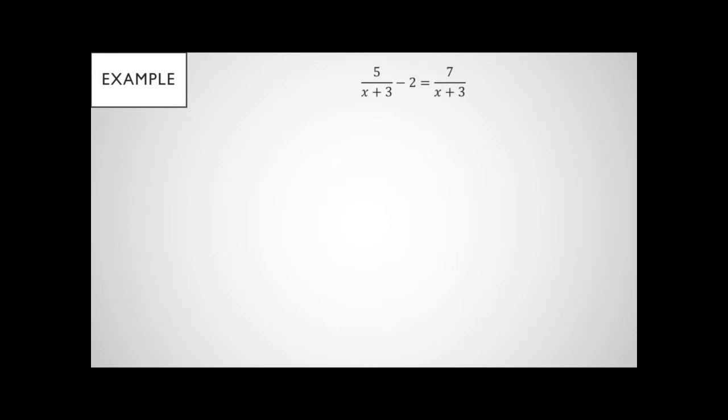This one here, because I have an x plus 3 and an x plus 3, I already have some things with common denominators. I would do this like our first example where I'd put everything with x plus 3 on one side and then cross multiply. So because we have things with common denominators, I'd put them on the same side.